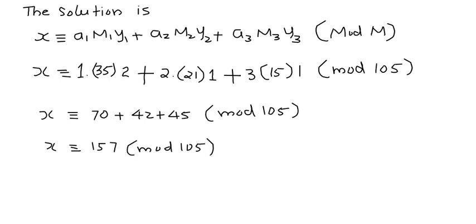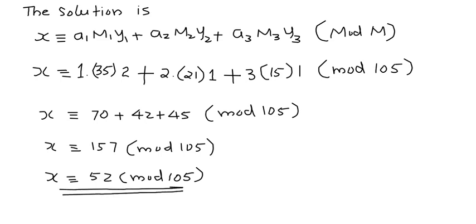What is the least residue of 157 mod 105? When dividing 157 by 105, the remainder is 52. So the unique solution is x equal to 52 mod 105.